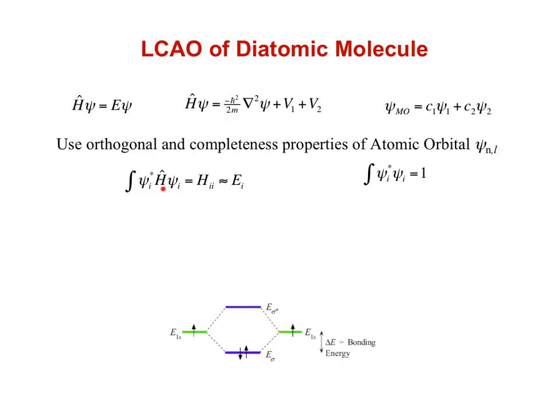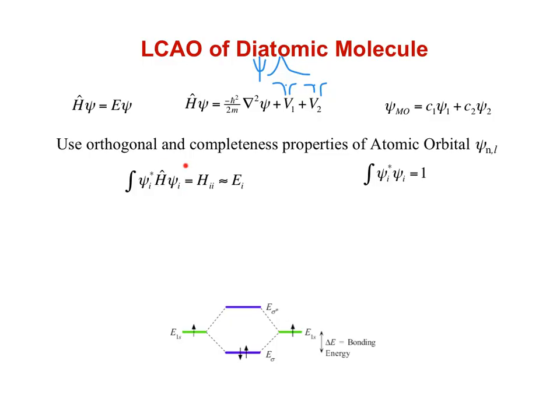In this case, the Hamiltonian operator operating on a single atomic orbital has the same two components of the Hamiltonian operator that we had from the hydrogen atom, which will give us the energy of a hydrogen atom. In comparison, the potential energy due to the other atom is small.